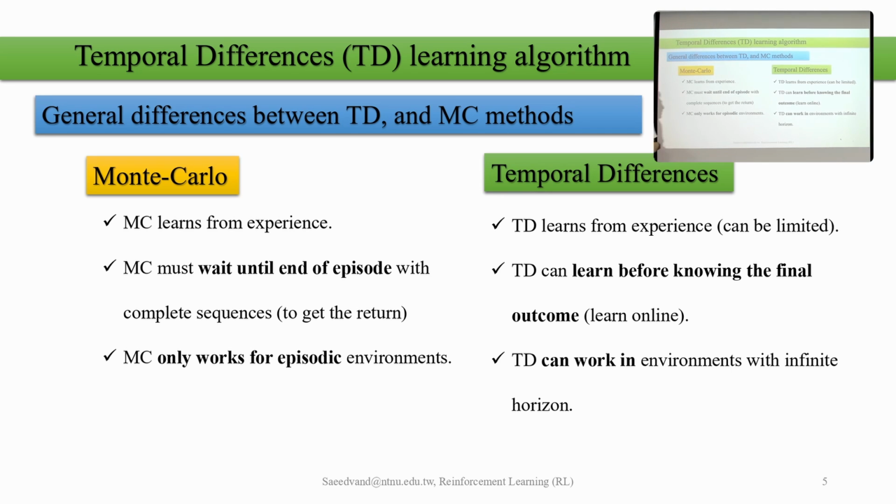Monte Carlo therefore only works for episodic problems, but temporal differences can work with infinite horizon. Why? Because it is challenging if we have an infinite horizon, as you saw, we need to generate the whole episode. But if there is no end for the episode, what are we going to do?